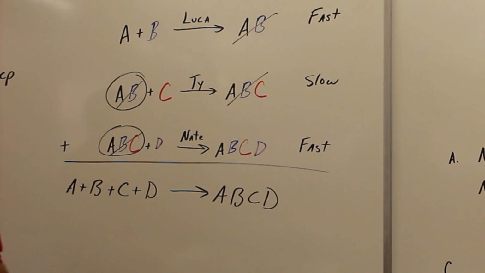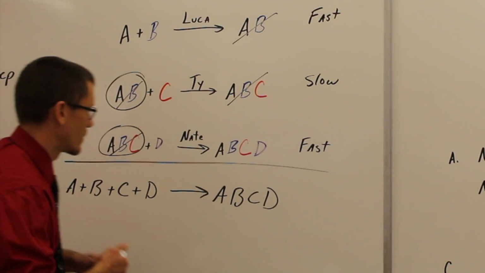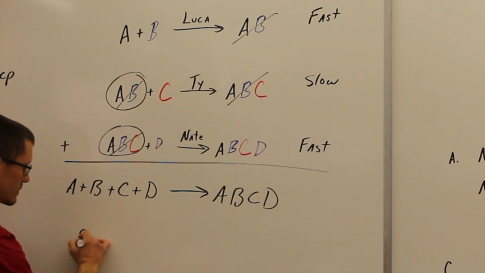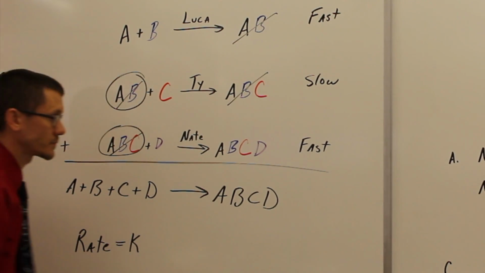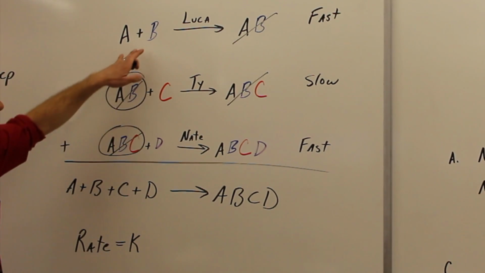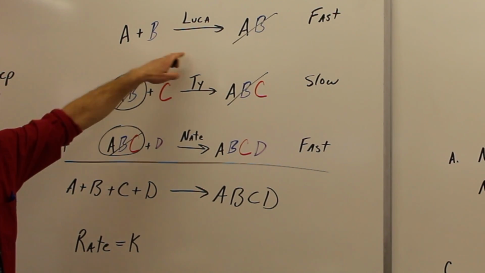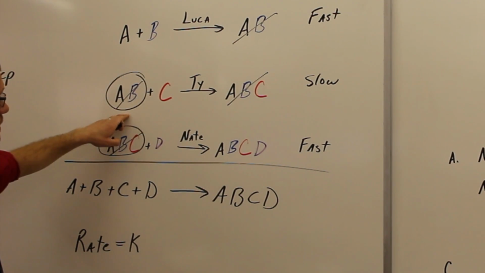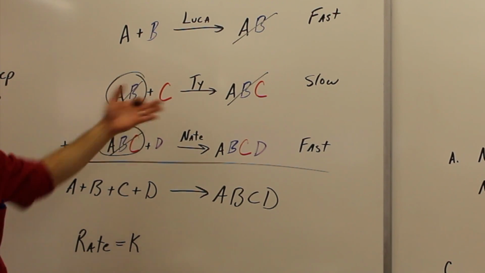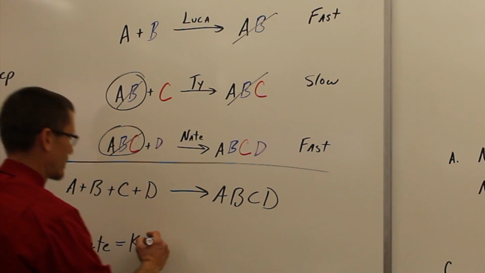Our rate law can be determined by the slow step. The mechanism can only work as fast as the reactants given to it. So Ty was as fast as the reactants. The reactants in the rate determining step go into your rate law.